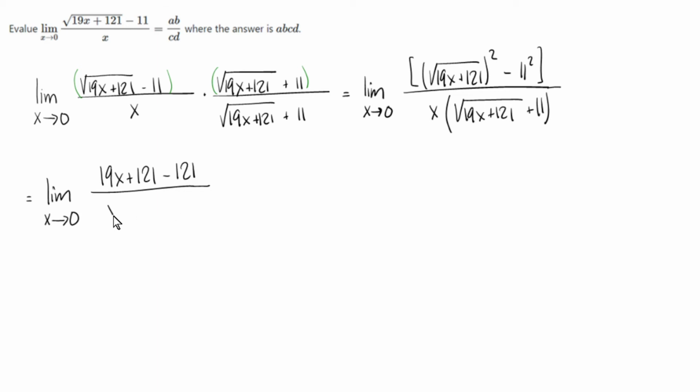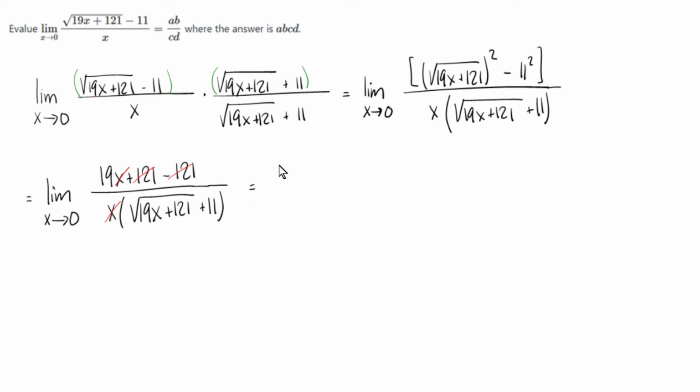We are going to leave the denominator factored. And now we can see that the 121 minus 121 cancels. Once the 121 cancels, we're left with 19x. So this x here cancels against this x here in the denominator.